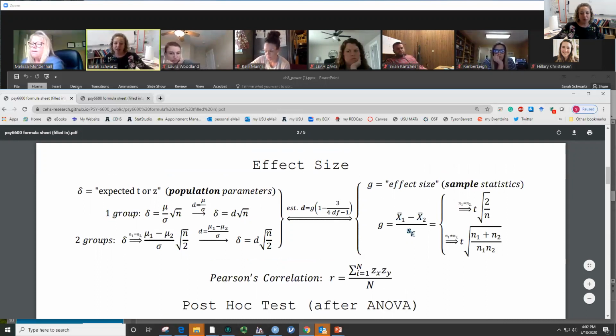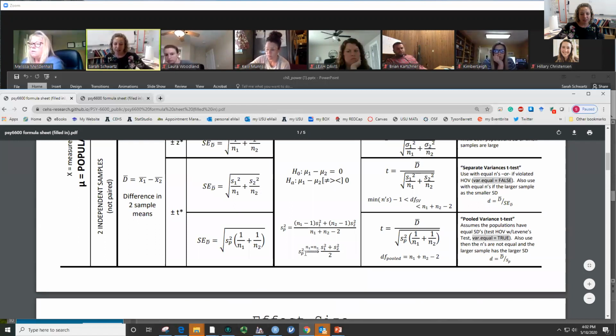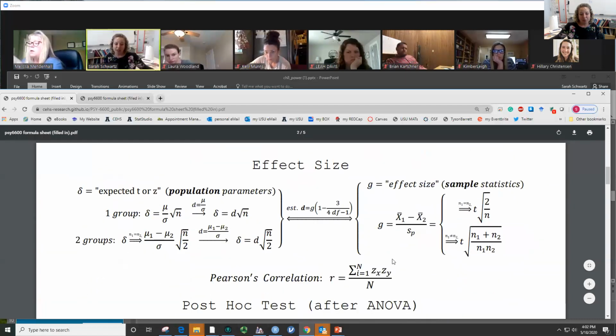And then down here, the pooled standard deviation, that's the formula that's right here. If your sample sizes are the same, you pool the standard deviation by averaging them. You do the good old average where you just add them up and divide by 2.